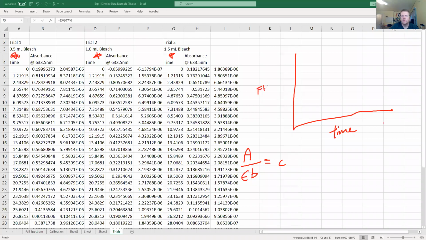So FD&C concentration versus time. And now we've got our FD&C concentration here, here, and here. Okay, so we have all the data that we need in order to produce this plot.